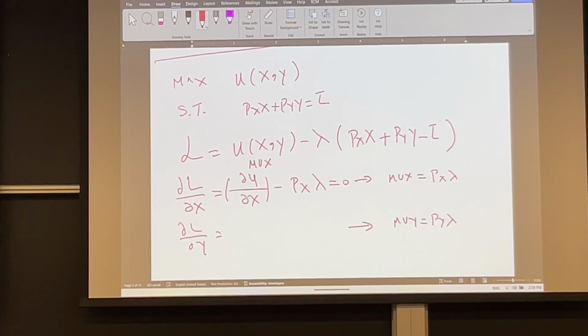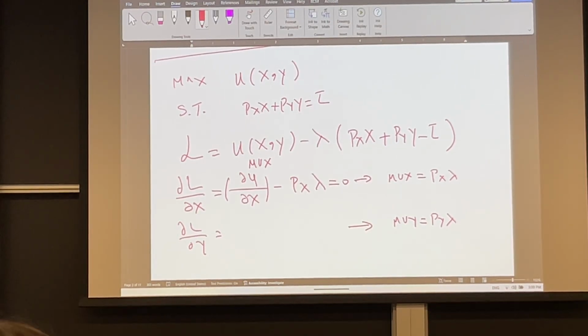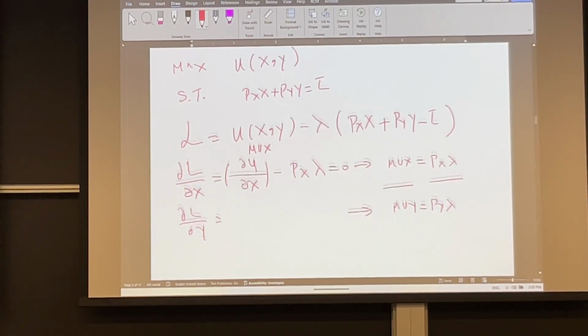I made up that parameter, I really don't need it now, right? I can get rid of it. How can I get rid of it? See, the lambda is created to incorporate the constraint. I don't really need to calculate it. How can I get rid of it? I can take these two and divide them. Make sense?